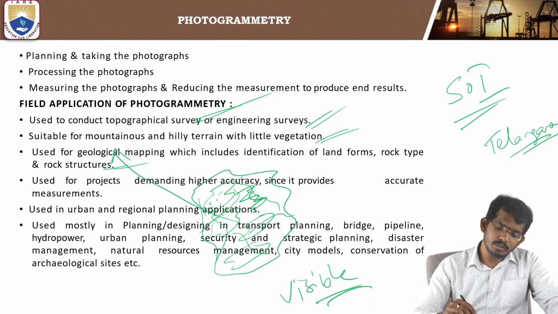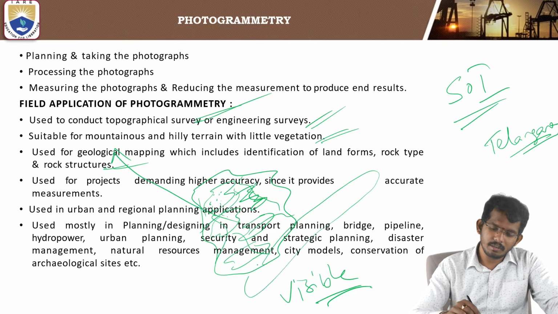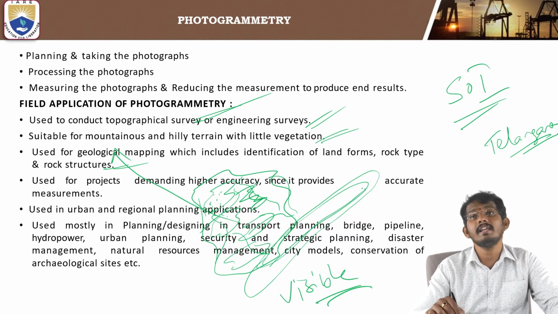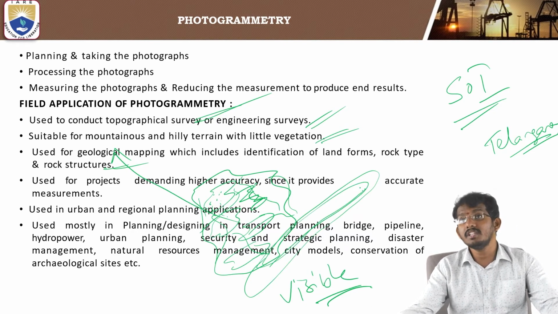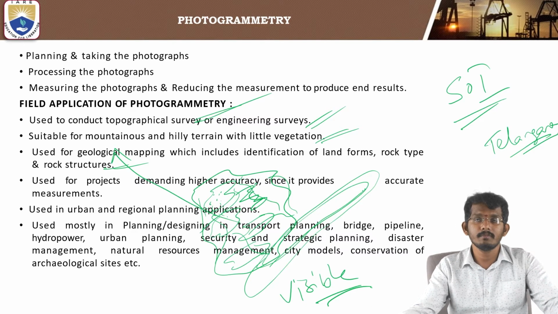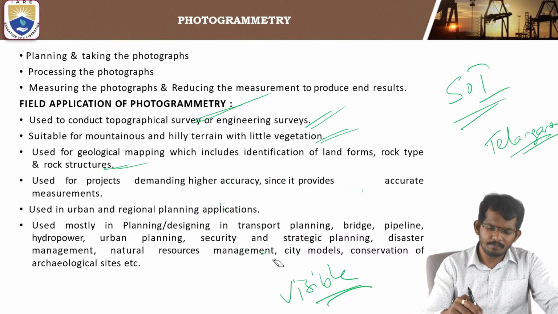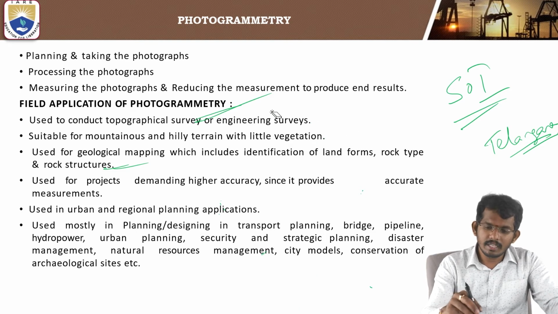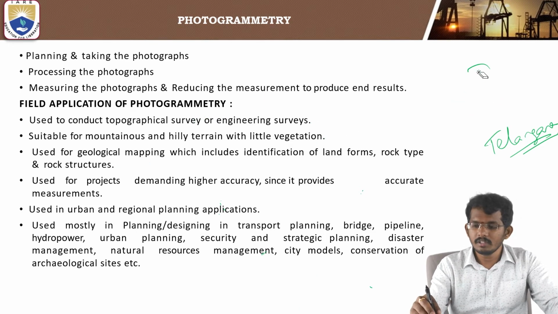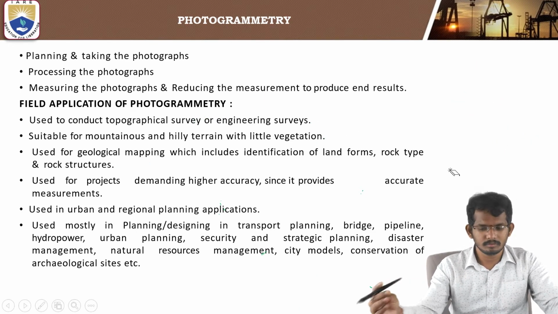Suppose you take the coastal area of AP, in the coastal area we can find most of the green color because there is high vegetation compared to Telangana, right? Like that we can see soil classification, alluvial soil, whatever soil it is. These colors can be seen only in the visible spectrum.